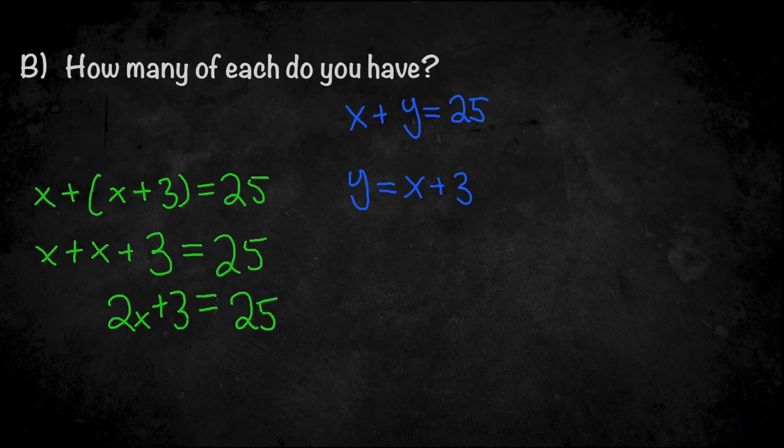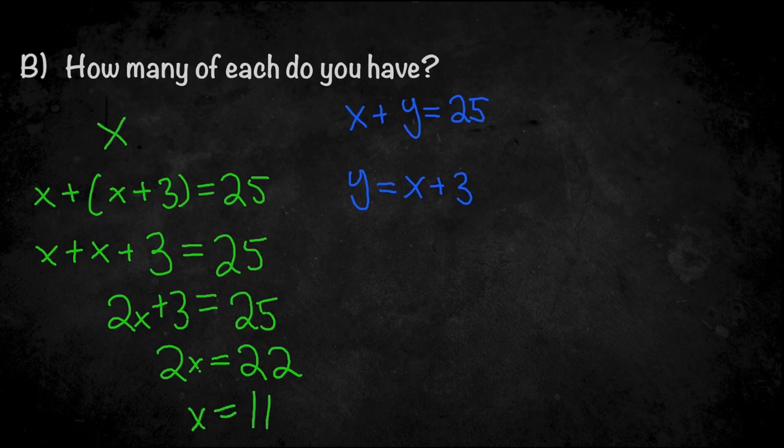We subtract 3 from both sides, leaving us with 2x equals 22. And dividing both sides by 2, that would leave us with x equals 11.